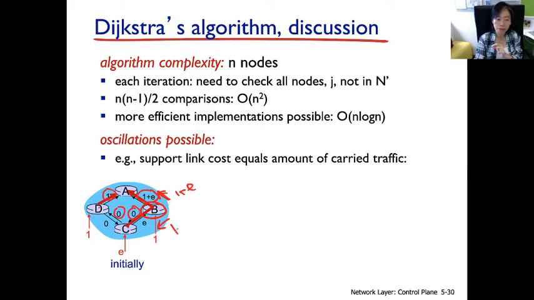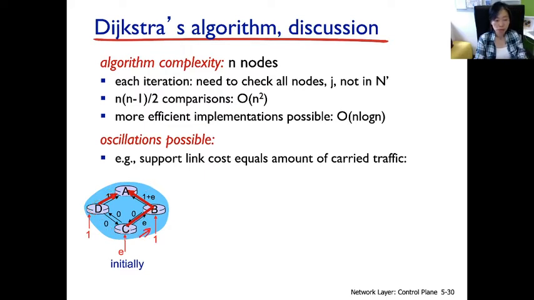Okay, so if we take the clockwise path to go from B to A, cost is only 1. And this is 1 plus E, therefore B is going to choose to go this way to send traffic to A.